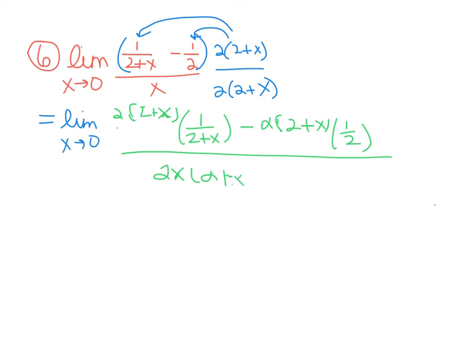As with the previous problem, I do recommend that you don't simplify just yet. You can distribute in the end if you need to, but it might make it easier to not do that. And now you're going to find that a bunch of things in your numerator cancel out. The 2 plus x and the 2 plus x here cancel out. So right there, I'm just going to be left with 2.